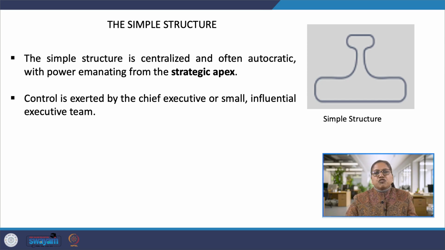The simple structure is centralized and often autocratic, with power arising out of the strategic apex. Control is exerted by the chief executive or a small influential executive team. Due to the simplicity, the structure can be flexible and sometimes informal, with a strongly defined sense of mission.